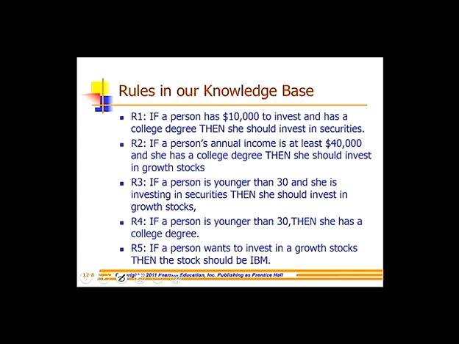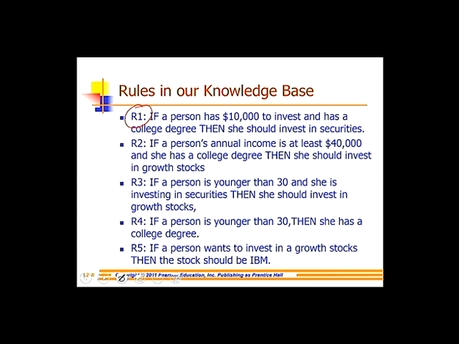So what are the rules that a financial expert follows for this kind of question? First rule is, if a person has $10,000 to invest and has a college degree, then she should invest in securities, right? So this is rule 1.